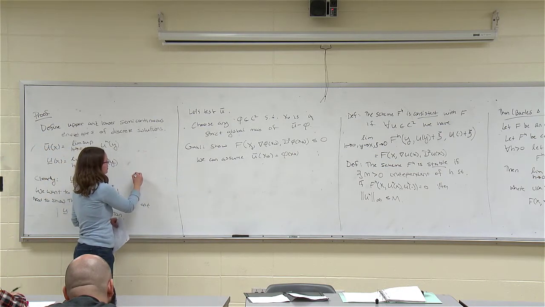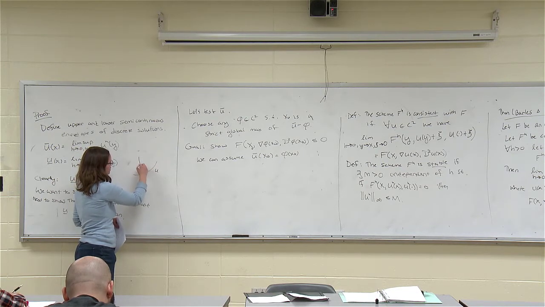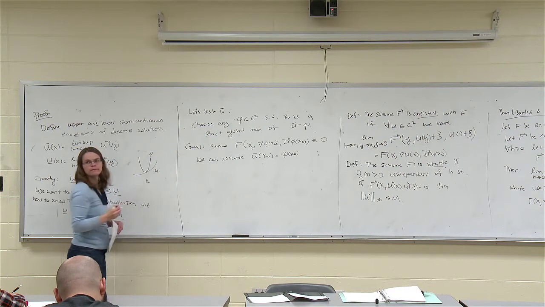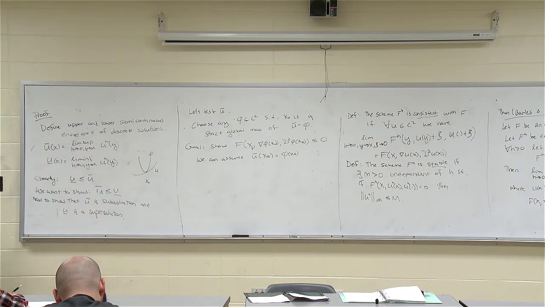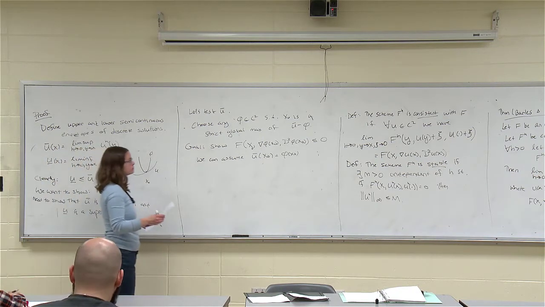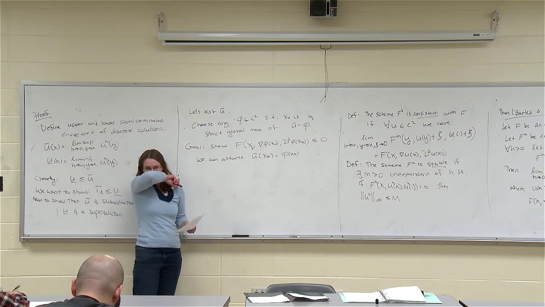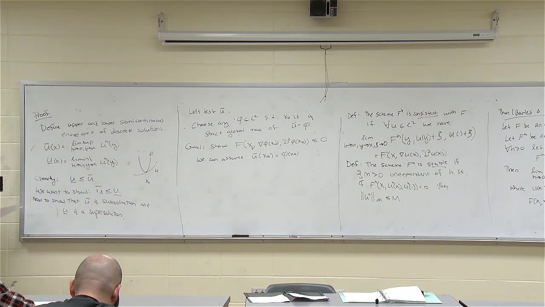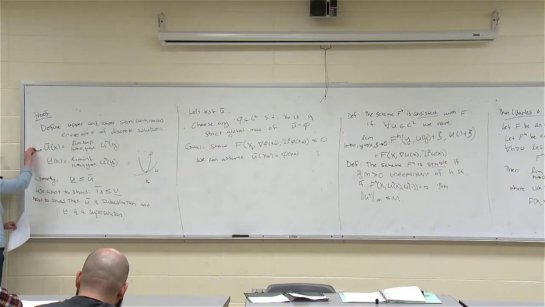Right, so again, make sure this is my u, this is my phi, here's x naught, I'm in this set. Okay, but I have to do this working back from the definition of u bar.